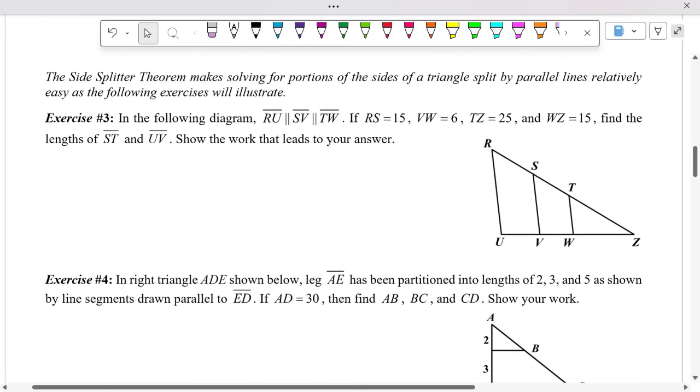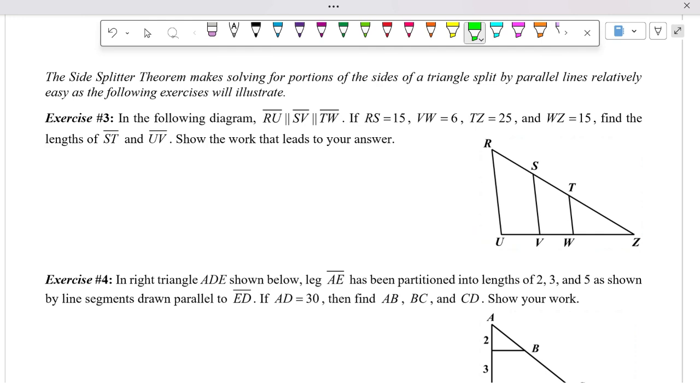Now, be careful with these because instead of having it split into 2 triangles, it's now split into 3 triangles. All right, but side splitter still applies. So in the following diagram, RU is parallel to SV, which is also parallel to TW. So these 3 sides right here, I'm going to mark as parallel.